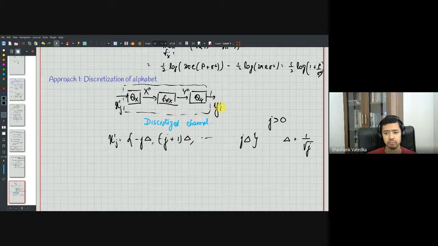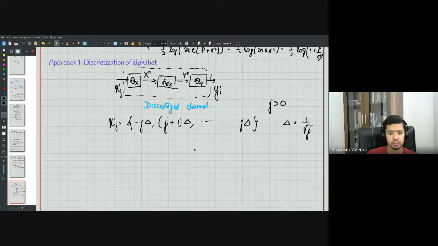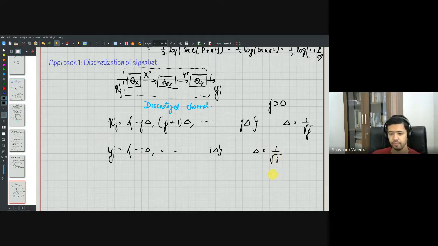Similarly, I also have a Y_I prime, which is minus I delta up to I delta, where this delta is going to be 1 over square root of I.